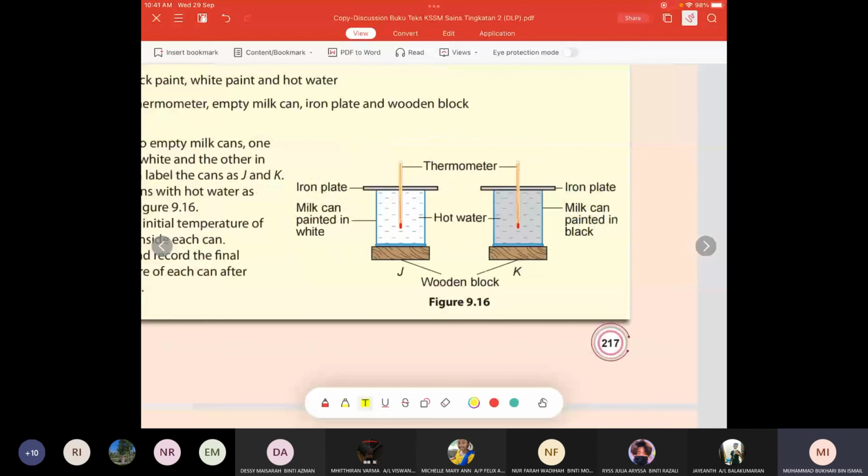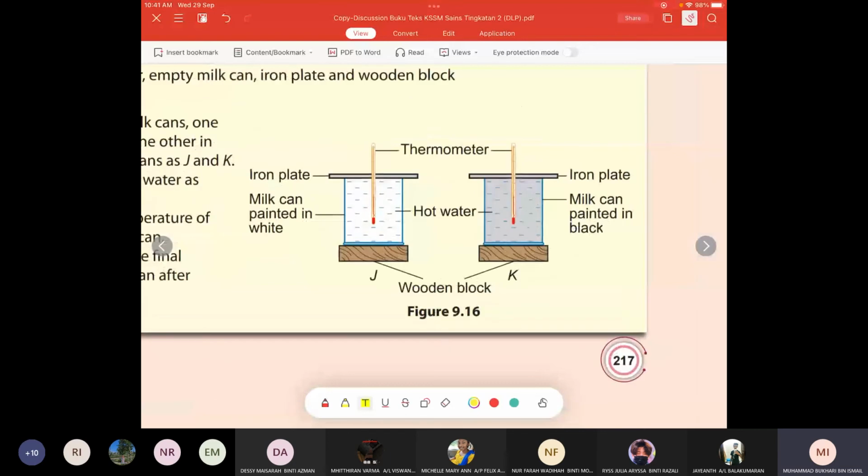What do we do in this experiment? You also have milk cans. One is painted white and the other is painted black. Now we have hot water.